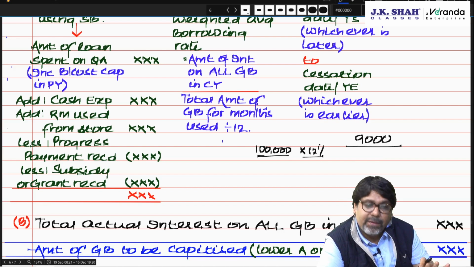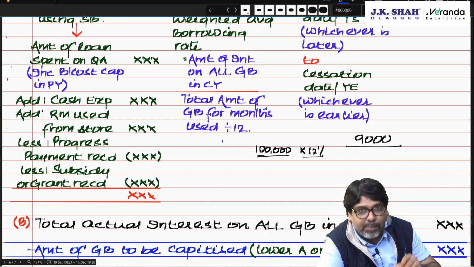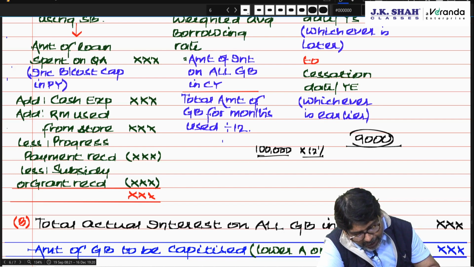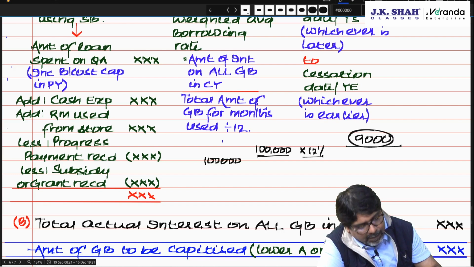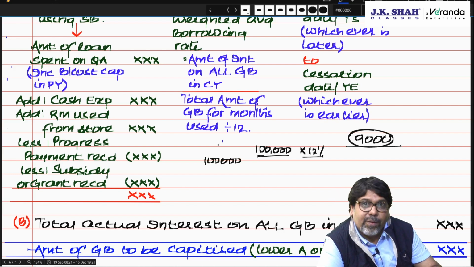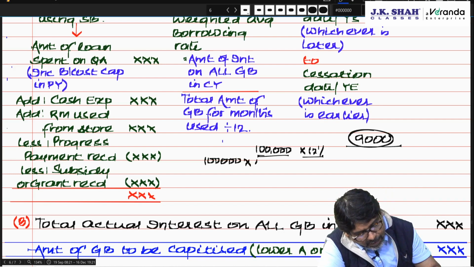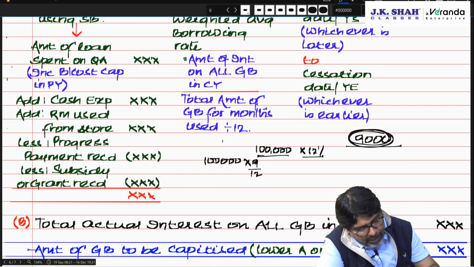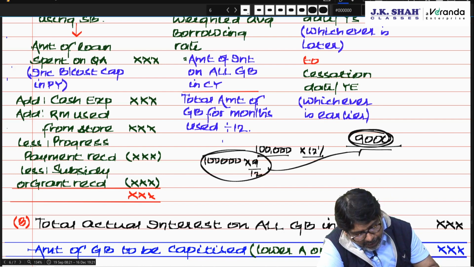You have used this borrowing in current year only for 9 months. So 9,000. 1 lakh is the loan. For full year, for 9 months it will become 9 by 12. Correct? So interest is for 9 months, then loan also should be for the proportionate period.